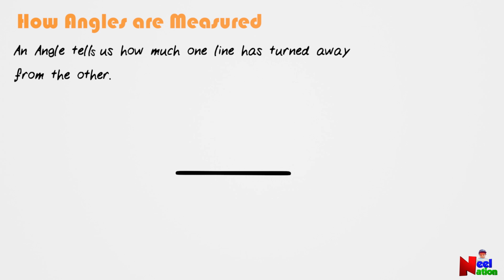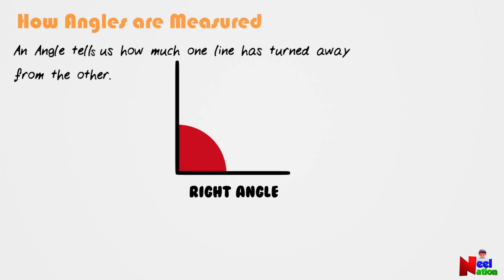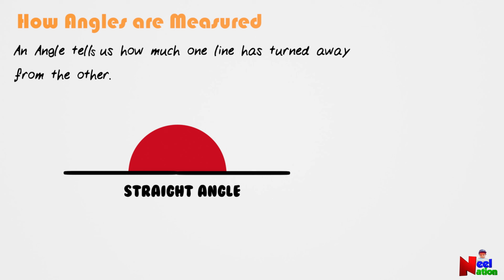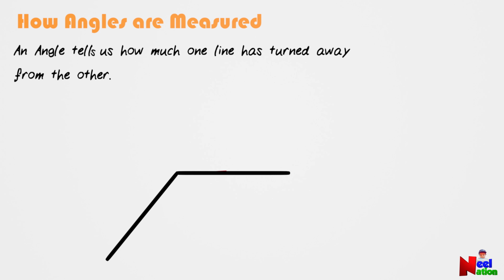If the moving line hardly turns, it's a small angle. If it swings exactly to form an L with the first line, a right angle is formed. If it swings halfway across, it's a straight angle. If it goes all the way around back to the start, it's a full turn.